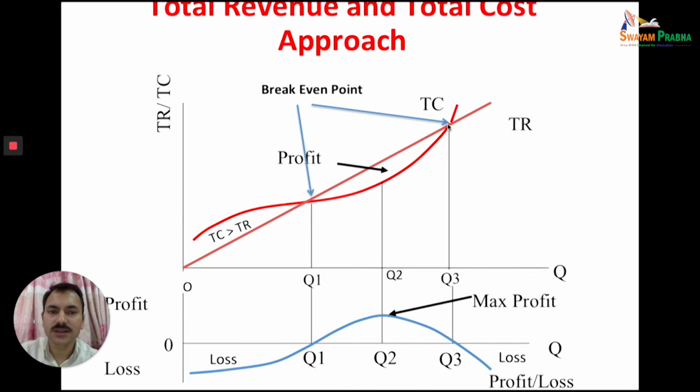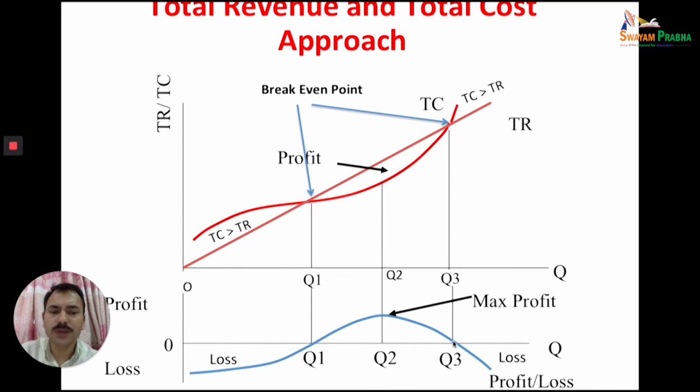But see, at this point, when the firm produces OQ quantity, total cost and total revenue are equal. It is a break-even point, no doubt. But after this point, total cost is greater than total revenue. It means there is again a loss.